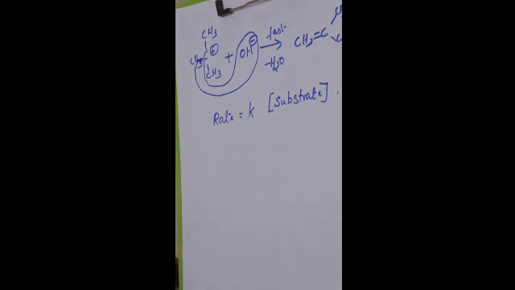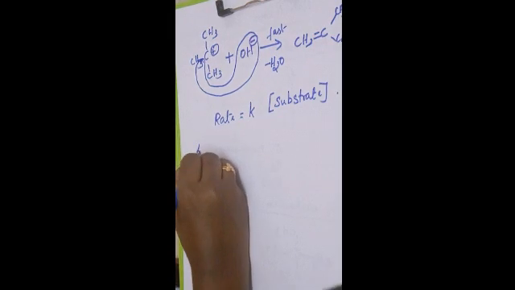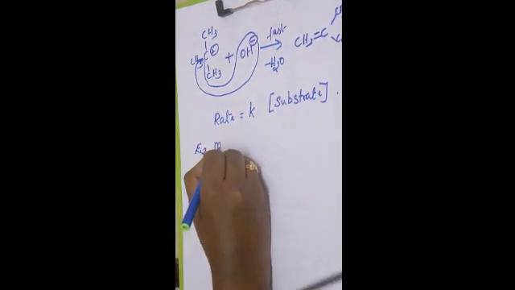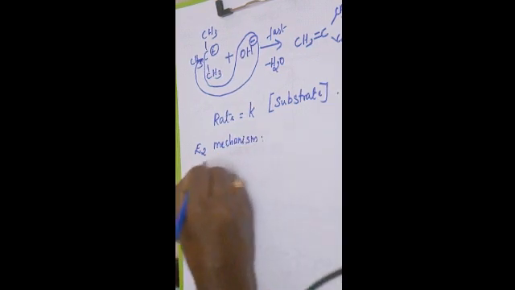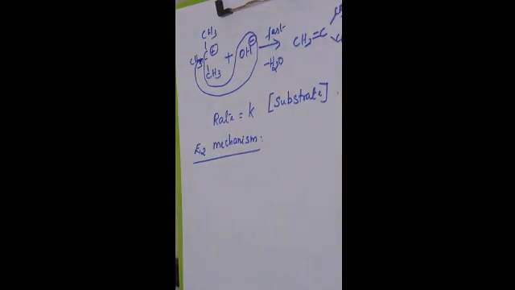The next one is the E2 mechanism. In the E2 mechanism, the rate of the reaction depends on the concentration of both substrate and base. The E2 mechanism is like the SN2 reaction. SN2 means bimolecular nucleophilic substitution reaction.